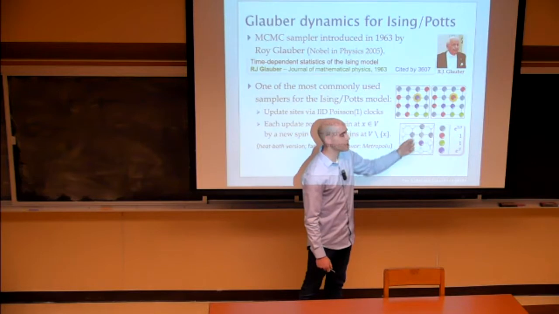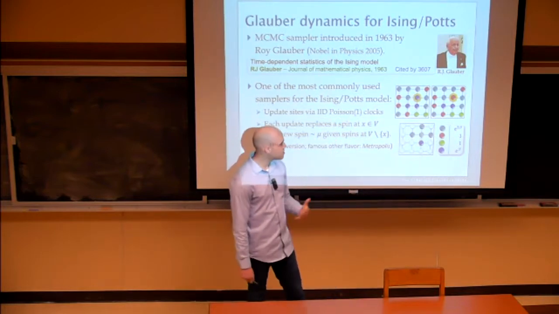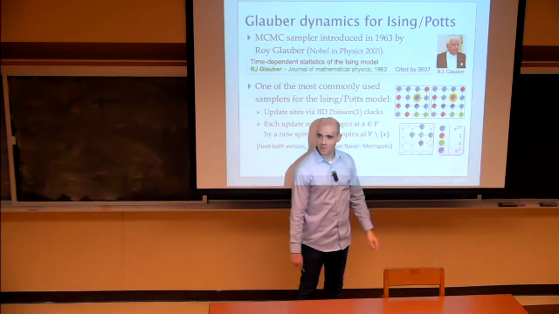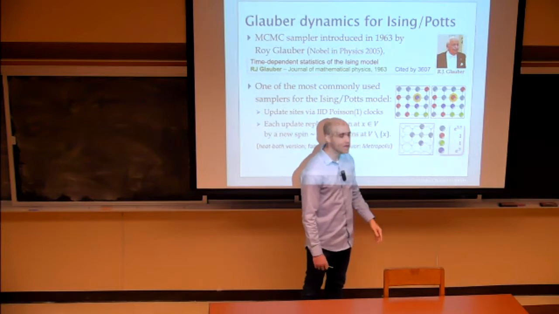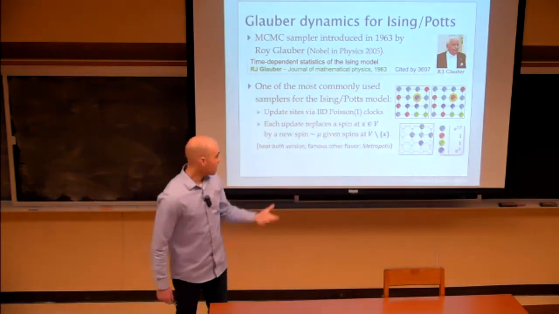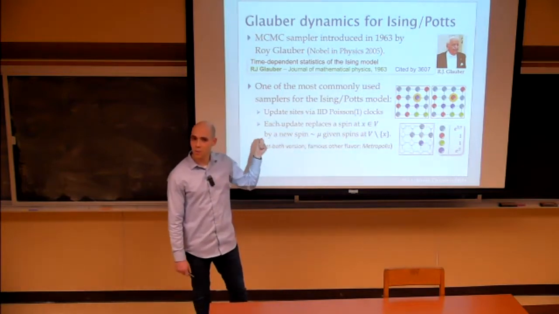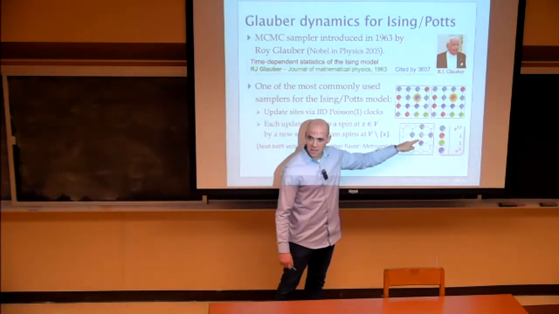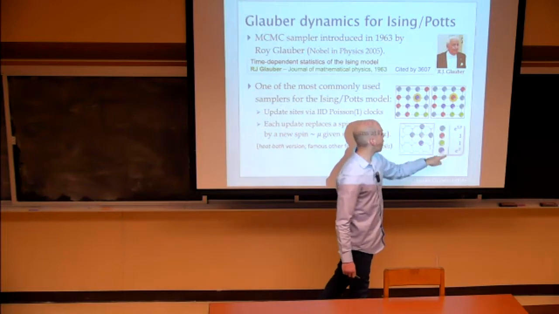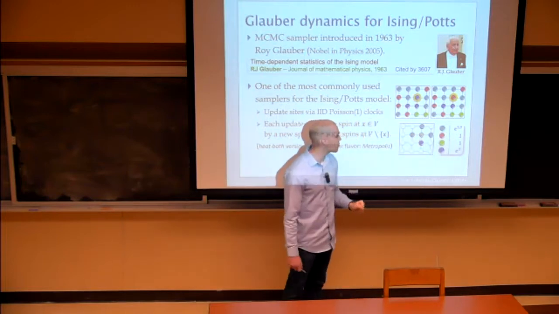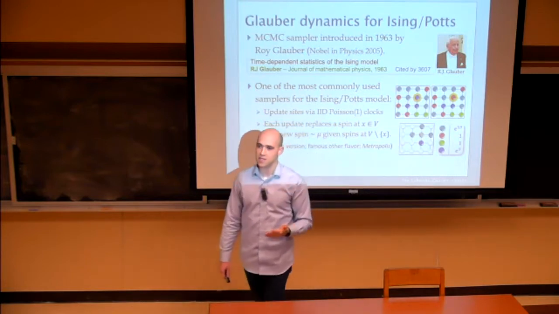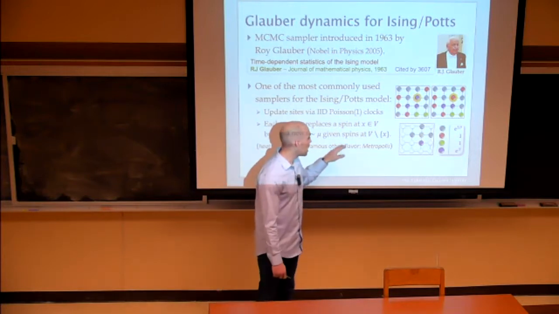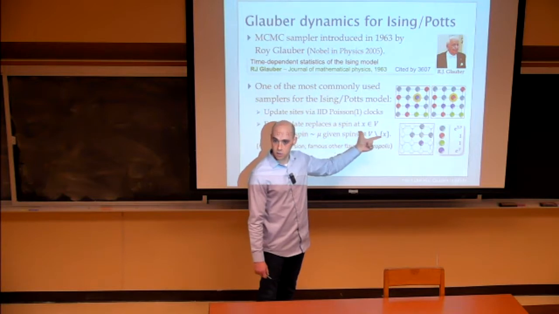So I erase its color, I replace it by gray. And the point is that, let's say that I have 4 colors. Each of them is associated with a weight, and in each of them I divide by the same 1 over z that I do not know. But since I'm only changing this guy, then to understand the ratio of the probabilities of placing a different color here, I do not need to know what z is. It cancels out. The only thing that matters is e to the thing inside that Hamiltonian.